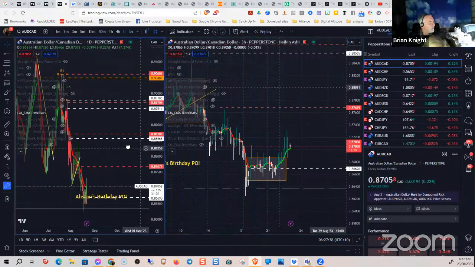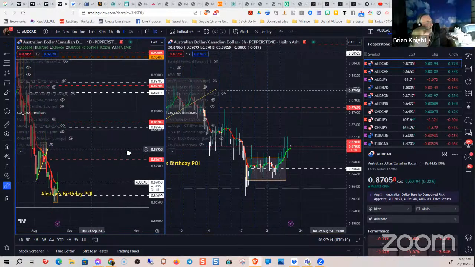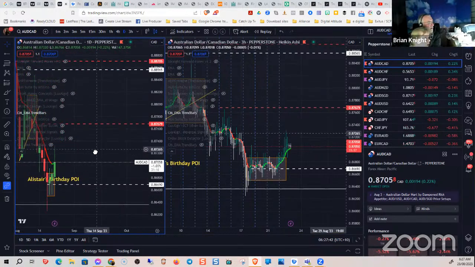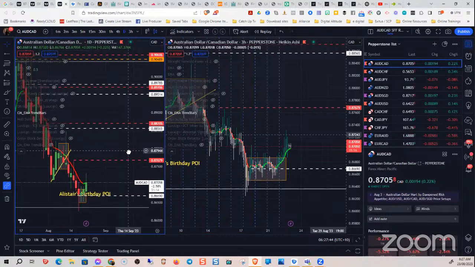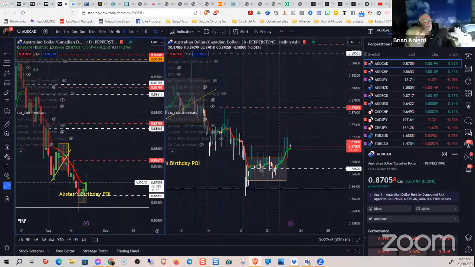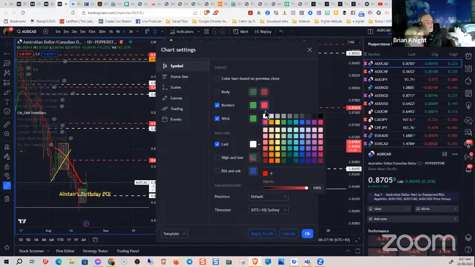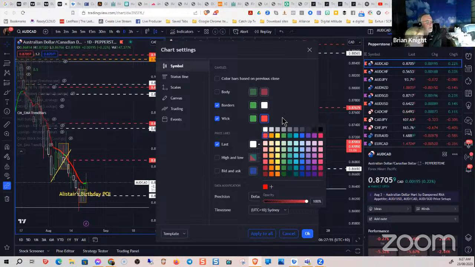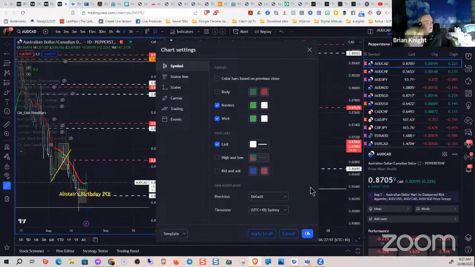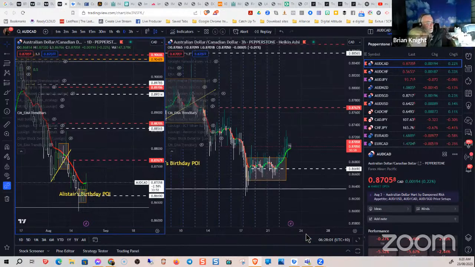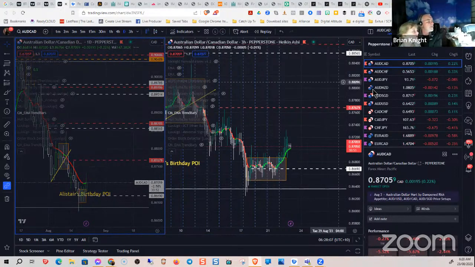No, it's still green and red. Oh, that's weird. It's probably because this still needs to be changed. This doesn't change because it's an overall. Oh, will you stop jiggling, please? And if I change that to Heiken-Ashi, I'll need to do that again.